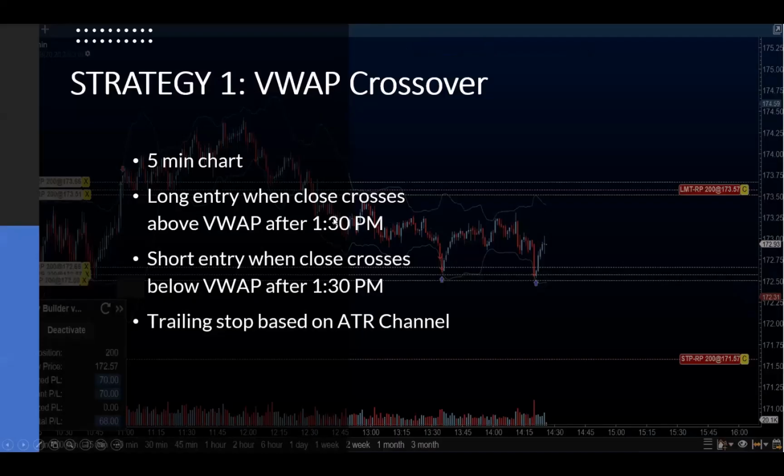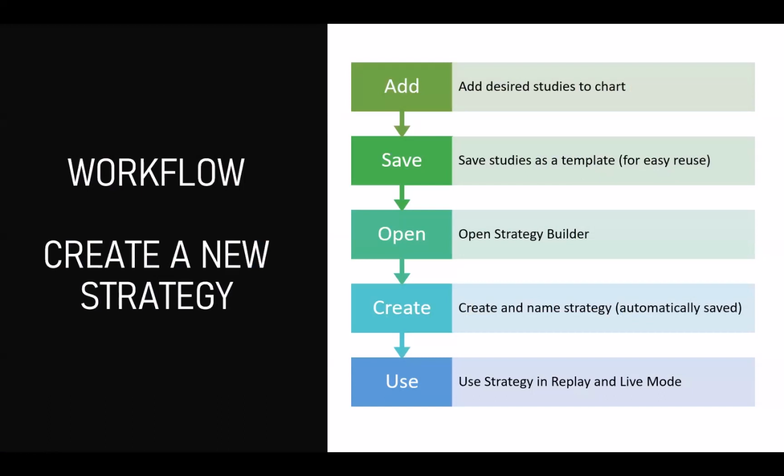A couple of things. We had these strategies, but just a quick reminder: what is a typical workflow if you wanted to create a new strategy? There are a couple of steps. The first one is to add all the studies that you need in your strategy to the chart, because they must be applied to the chart first. Then you would save it, and I would love to save it as a template for easy reuse.